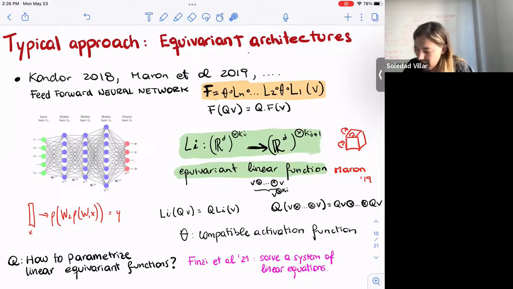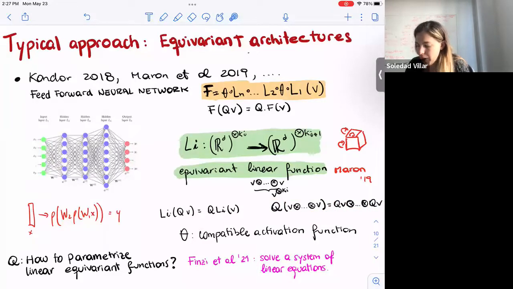So basically they say, okay, now L, instead of going from R^D to R^D, is going to take a tensor of order K of R^D and output a tensor of order K+1 of R^D. And then the action is defined so that acting on this tensor product is equal to acting on each of the vectors independently and tensorizing them.